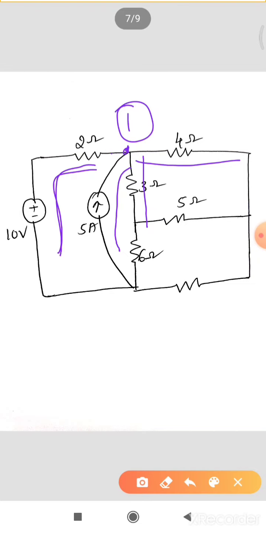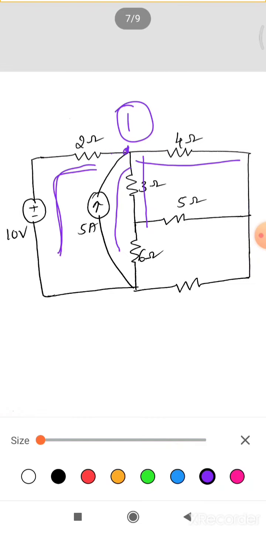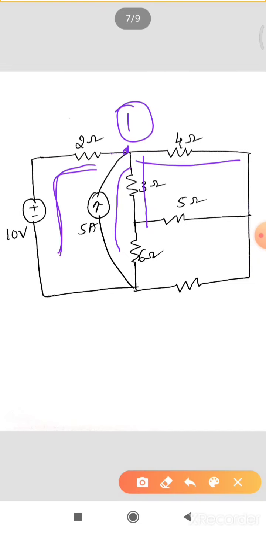Next we'll take this one as the second node, because at this node 3 ohm, 5 ohm and 6 ohm resistances are connected. 3 branches are connected. Another one is this, which is our third node.